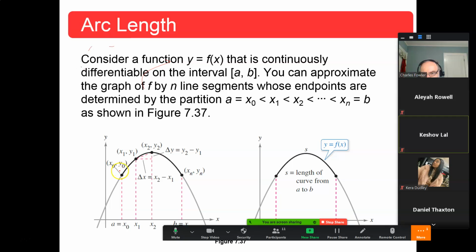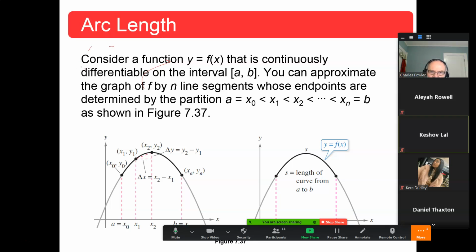That's not a bad approximation of that. There's a straight line from there to there. It's a little worse, but it's not too bad. Then from here to here, here to there, wherever, until you get to the end. Those would be your partitions that would give you the straight line approximation in line segments.